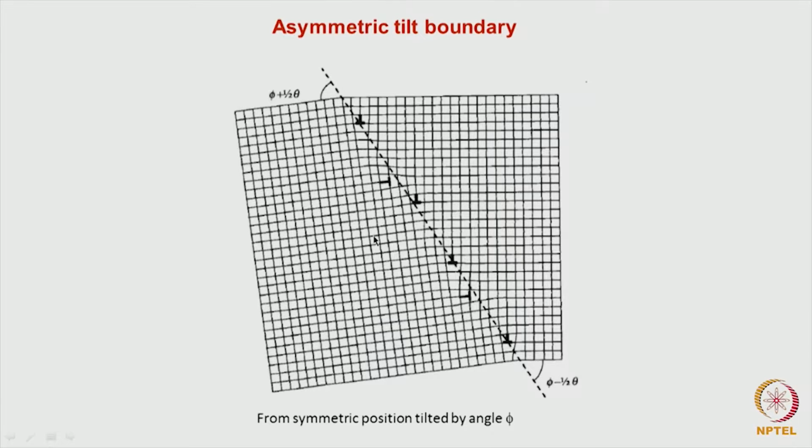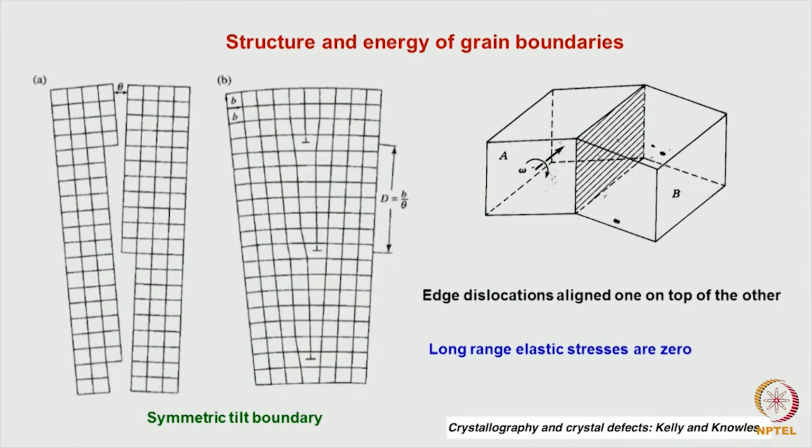Another aspect we have to look at here is that the tilt angle itself is controlled by the Burgers vector and the separation between the dislocations. That is, the angle theta of the tilt will be b by d, the Burgers vector by the separation.